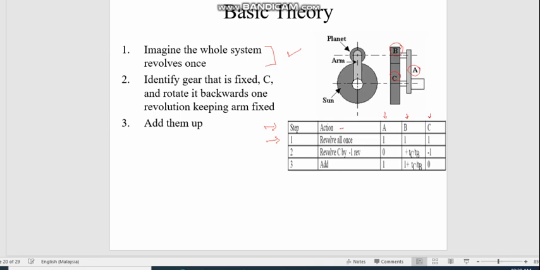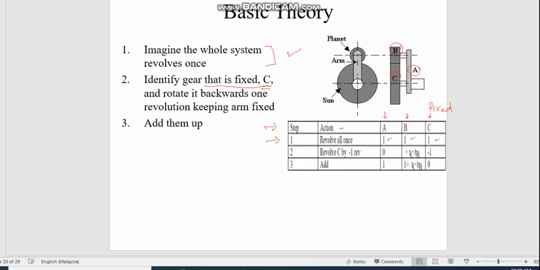So A will revolve once, B will revolve once, C will revolve once. Second, identify the gear that's fixed. In any gear system, there's always one gear that's not moving. In this example, we assume that C is fixed.